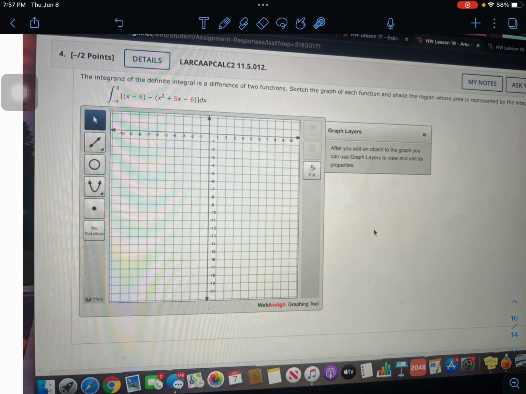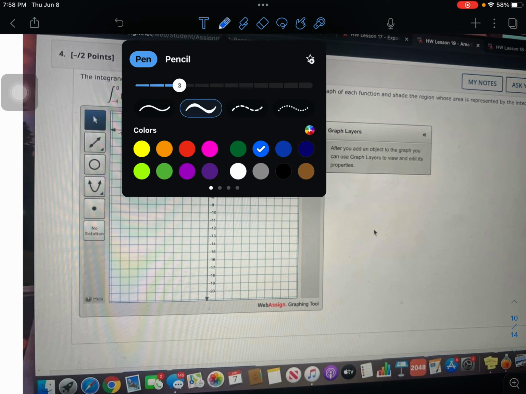And let's see. I'm going to sketch this function right here. That's just a linear function. So linear functions go back to algebra 1. And all you do is you recognize that minus 6 at the end. That's your y-intercept. So I'm going to go ahead and graph that. Let me do it in black.